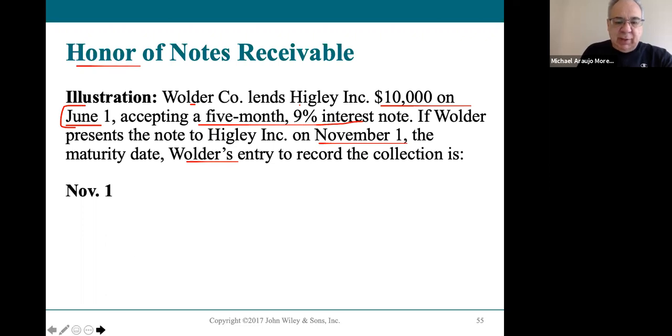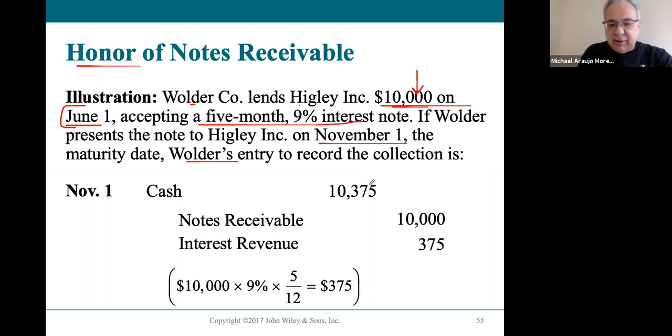Well, the first thing they're going to be getting is a lot of cash. The cash they're going to get is the original loan, the original note, plus the interest on it. So clearly what you see here is the interest is calculated at $375. That's $10,000 loan at 9%. Again, that's annual. We're only collecting 5 months of that, so multiply by 5 over 12. 375 is the interest.